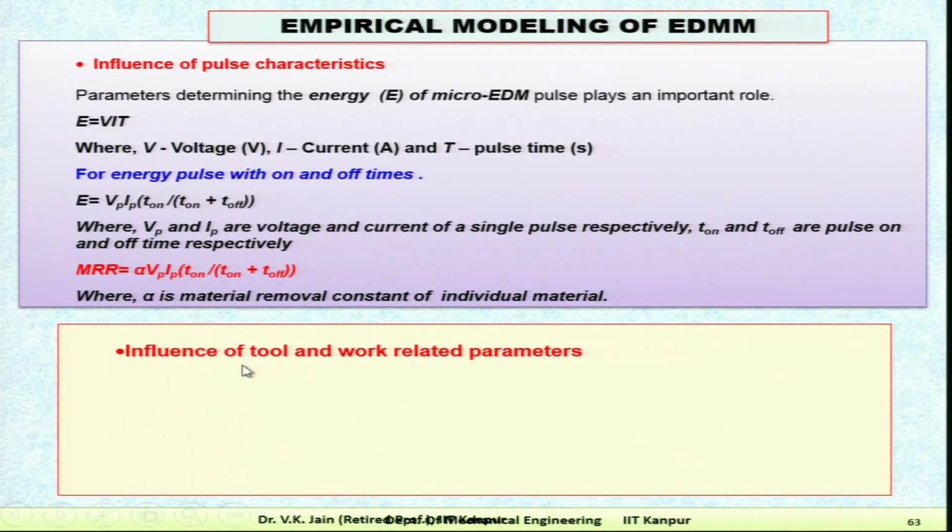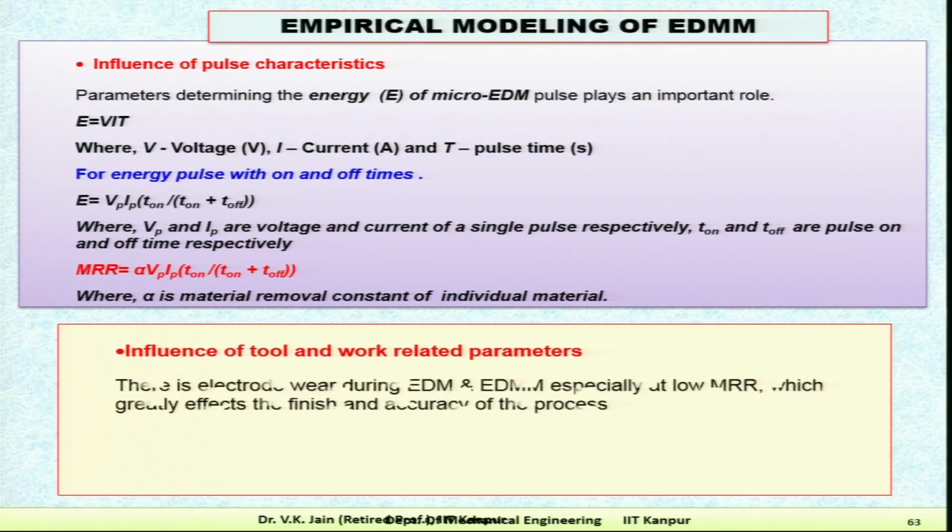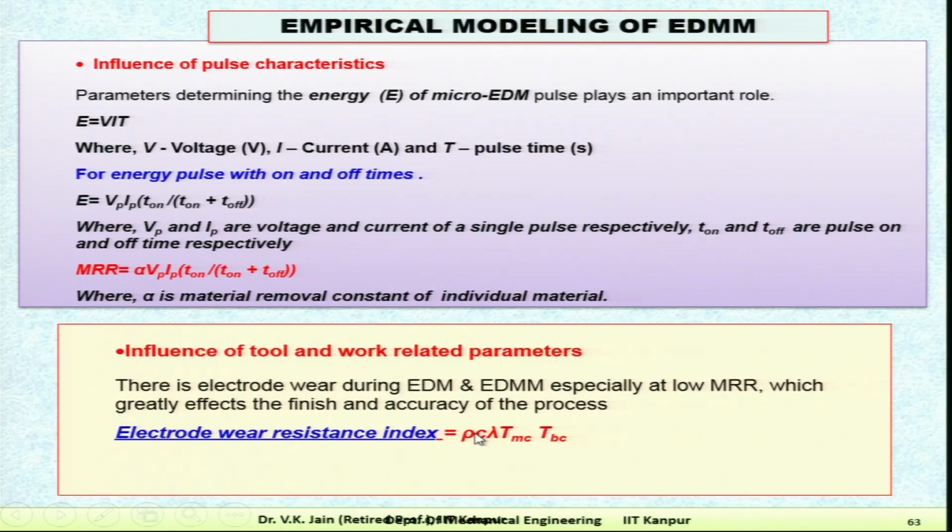Let us see the influence of tool and work related parameters. There is electrode wear during EDM and EDMM, especially at low material removal rate, which greatly affects the finish and accuracy of the process, and both of them are very important for the finished component.